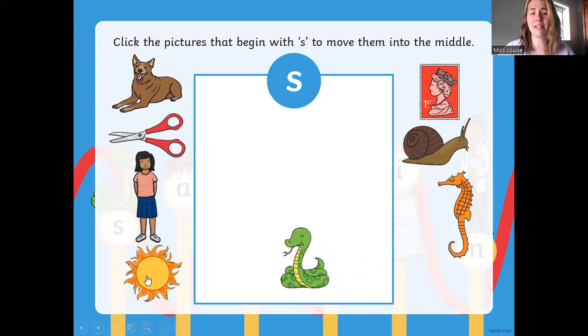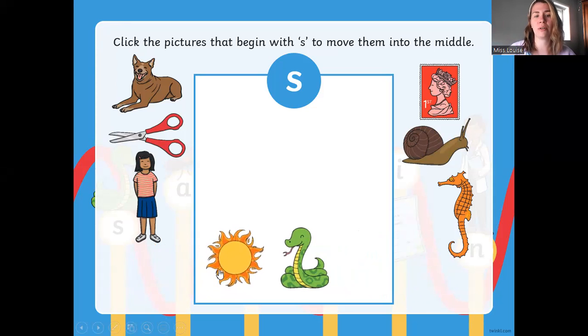Lots of children know the word sun, so that's usually what they go to as well. And for the words that they don't know, I'll say, okay, what is left? What animal is this? Oh, it's a dog. But dog doesn't have the S sound, so it doesn't go in the box.